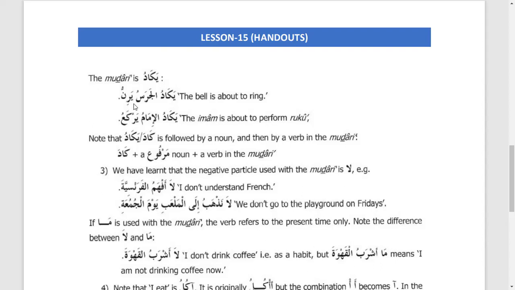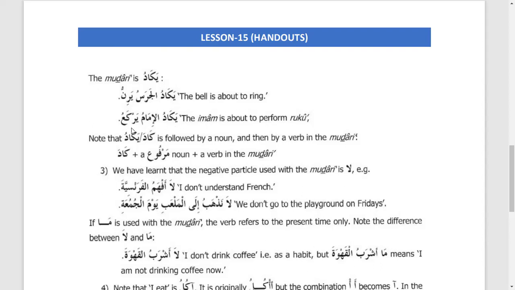And the noun that is used will be always marfu. So we have kada, or we have yakadu, then the noun after that will be marfu, and then the verb after that will be always present tense. Yakadu here is the present tense. After that, the noun is marfu, al-jarasu, and then we have the present tense mudari, yarinnu, the bell is about to ring.